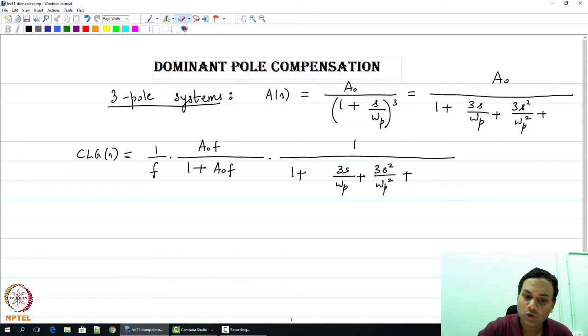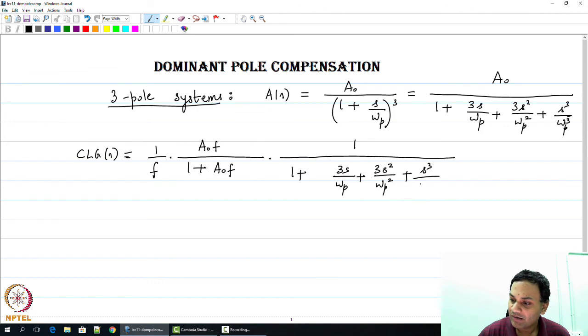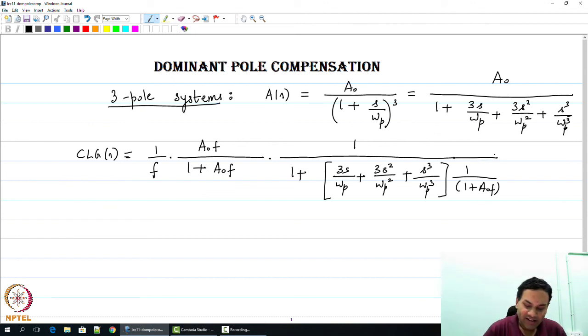This should be s cubed by omega p cubed into 1 by 1 plus A naught f. So this is the expression for the closed loop gain of the feedback system.